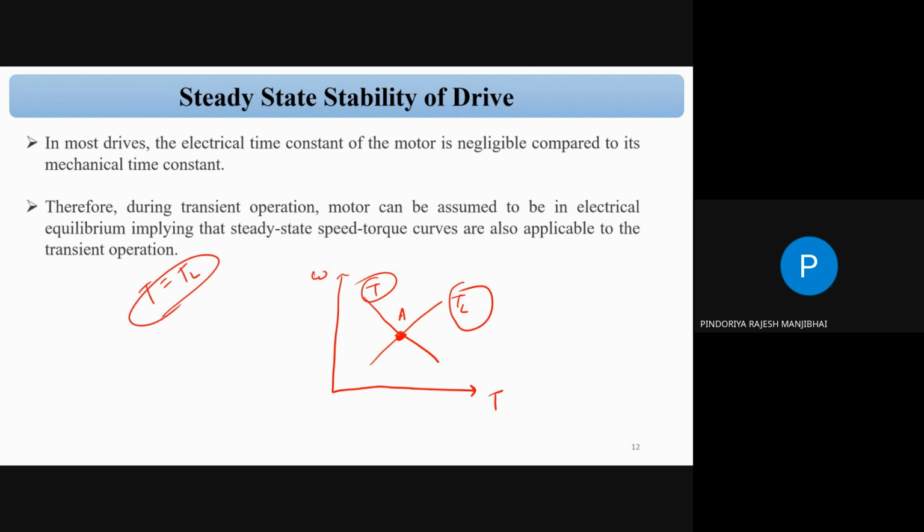Here is point A, and this is your TL, the load torque, and this profile is the motor torque. So is point A stable or unstable?